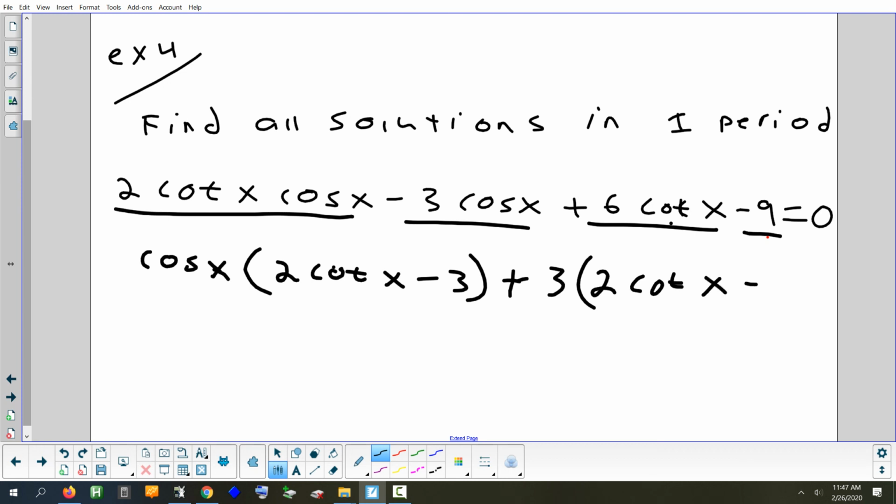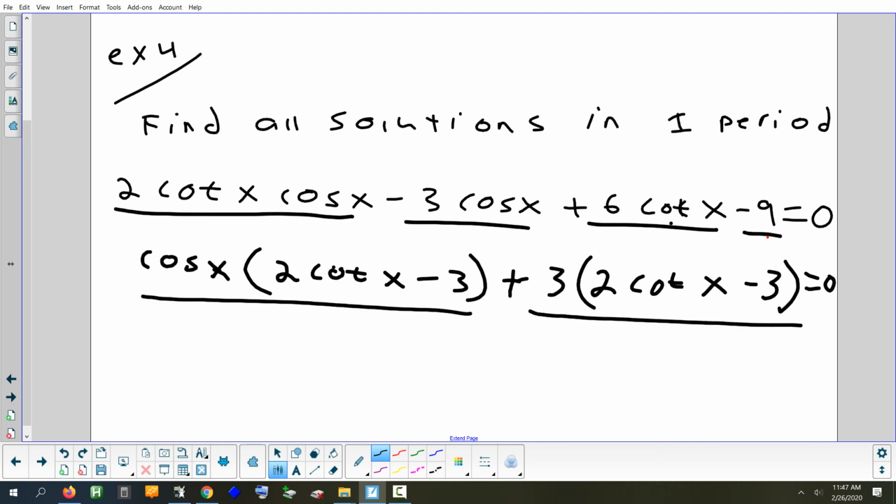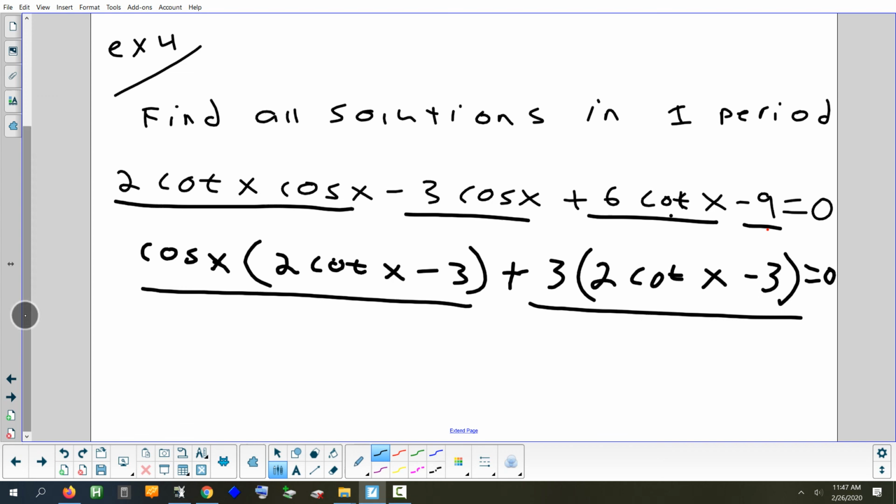And what if you factor a 3 out of negative 9? Negative 3. Yeah. So now, look what happened. 2 cotangent x minus 3, 2 cotangent x minus 3. You started with 4 terms. Now you have 2 big terms. Now, factor out what you can again.